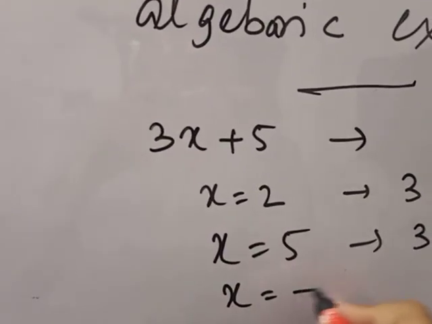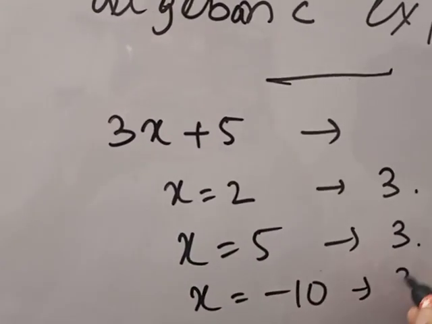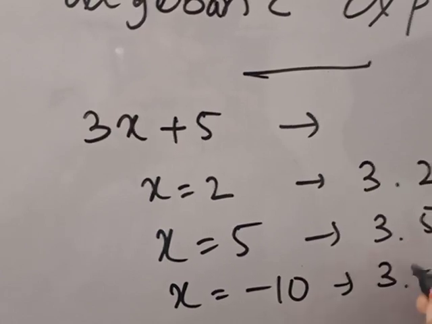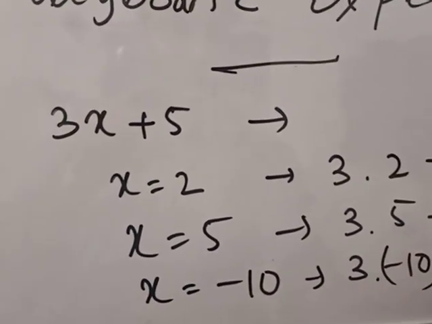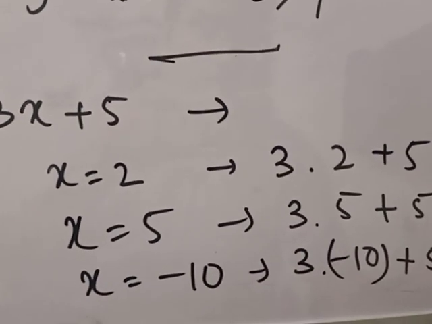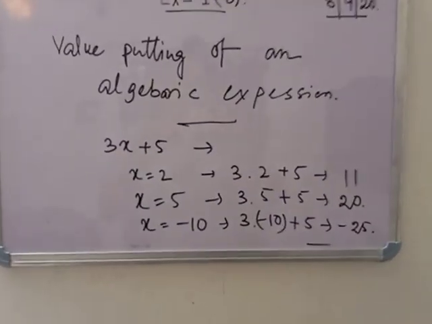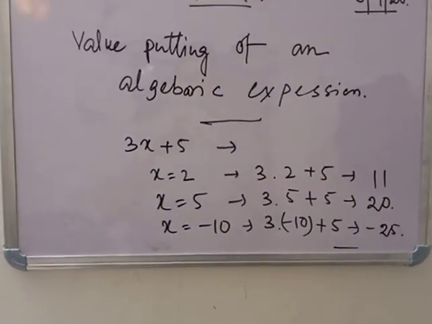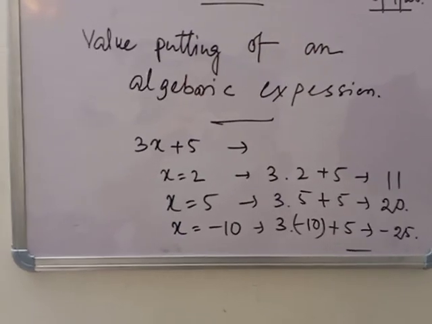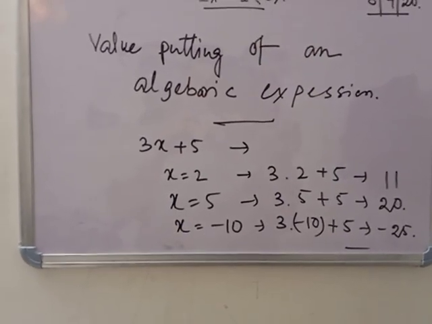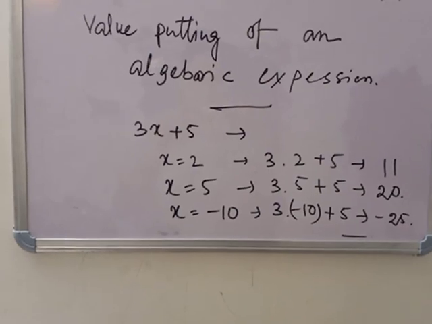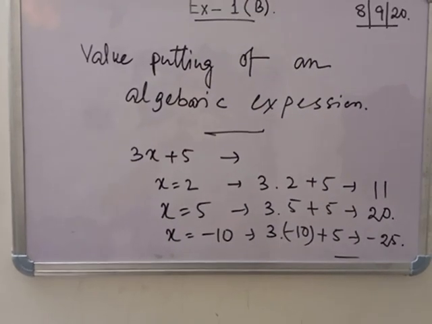If x equals minus 10, then 3 into minus 10 plus 5, that means minus 25. So we see that we get various values when the variable takes various values. Now we are going to the exercise.